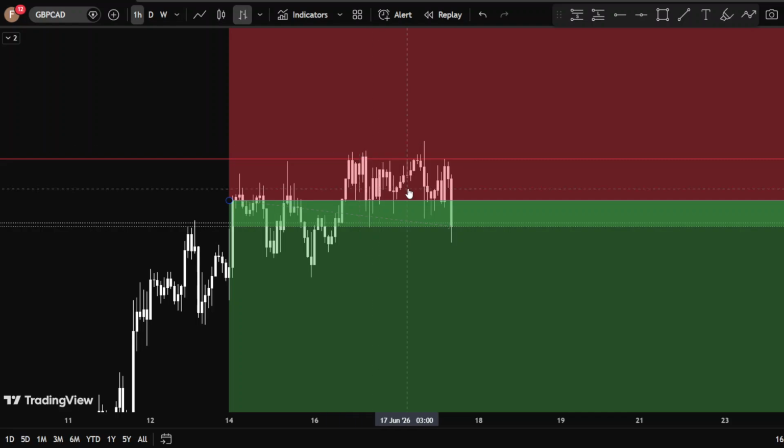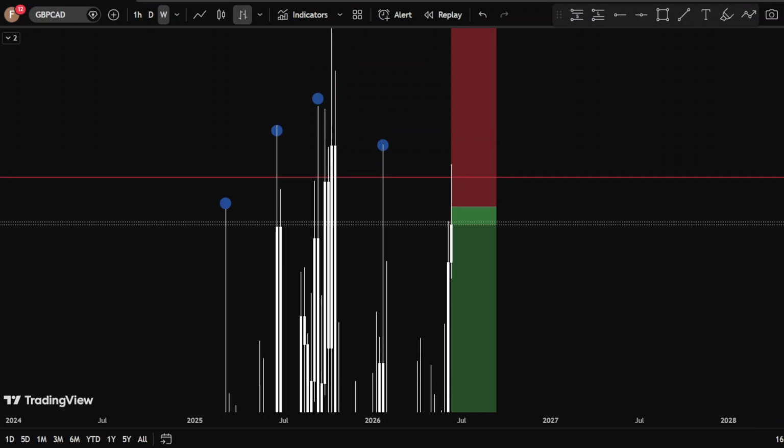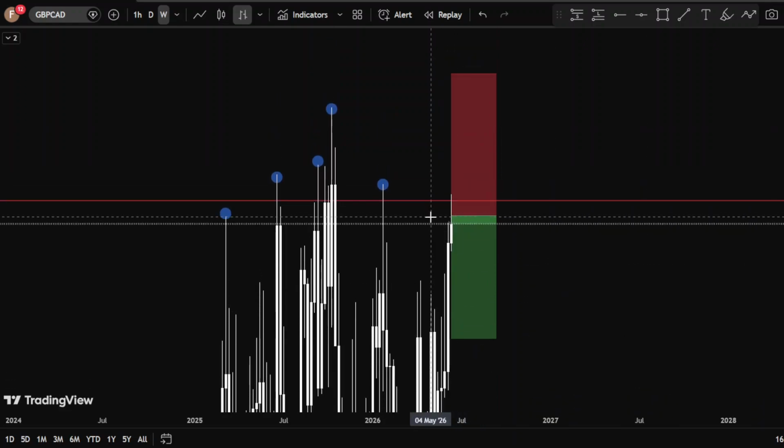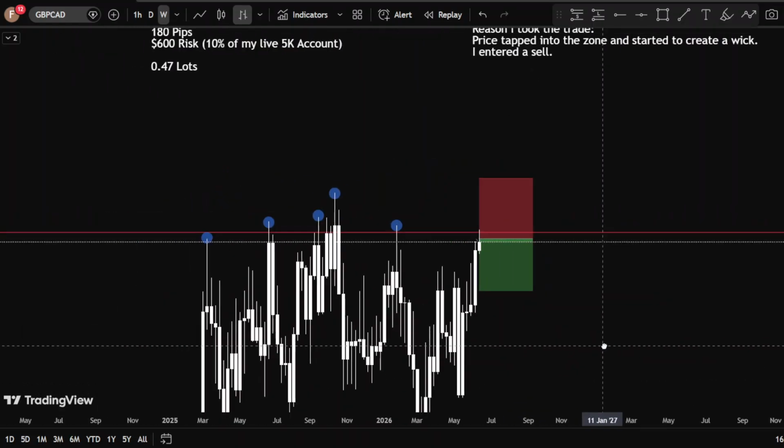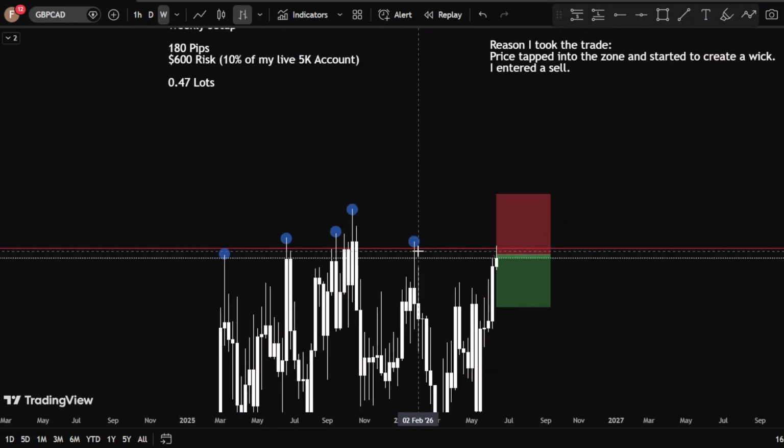Honestly, you don't have to use the 1 hour chart even. It's just if you want to look at it in a little bit more detail. But on the weekly chart, you can see it started to reject. It started to bounce off from the same kind of zone as it did in the past.